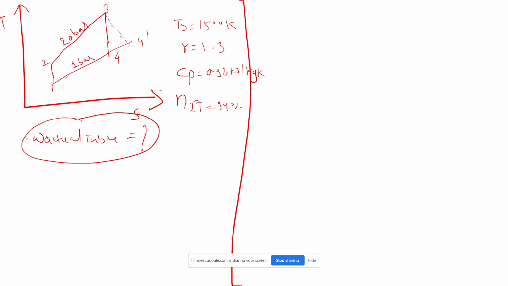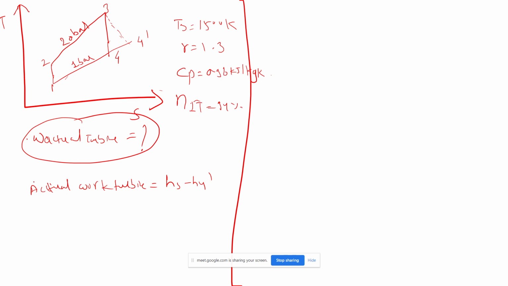So first, what will be the actual work? The actual work for the turbine is equal to H3 minus H4 dash.